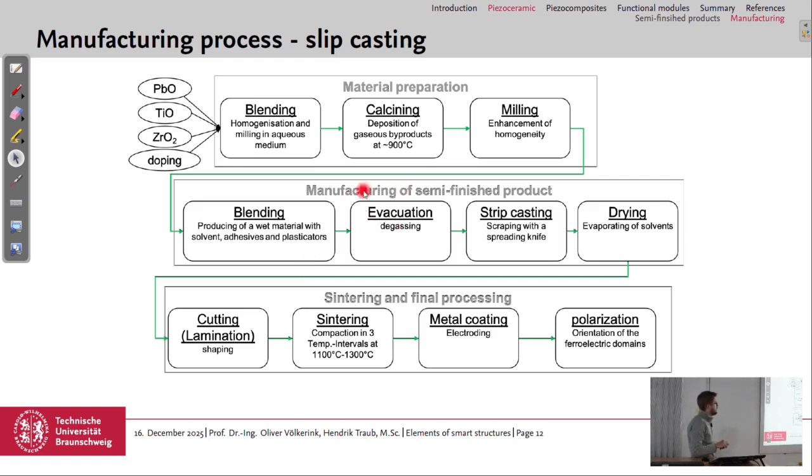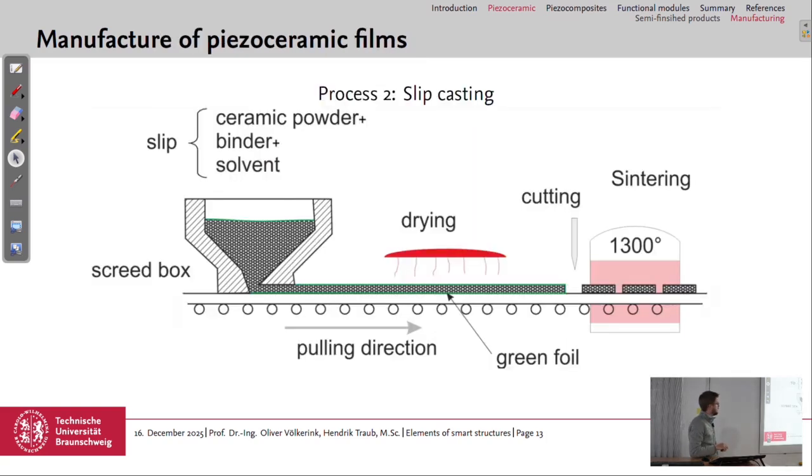You evacuate this material then, and then you have a strip casting where you scrape it with a spreading knife, dry it afterwards to evaporate the solvents, and then you cut it to shape. Again, have a sintering process, and then like before, the metal coating for the electrodes and the polarization to get the macroscopic properties.